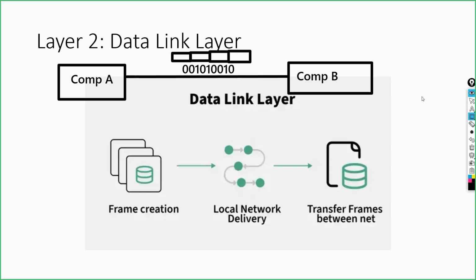This all is taken care by physical layer, and then the frames are formed, the packets are formed, which is the responsibility of data link layer. And now this data is transmitted in the form of packets, which is nothing but small segments. Depending upon the media, these packets are divided.